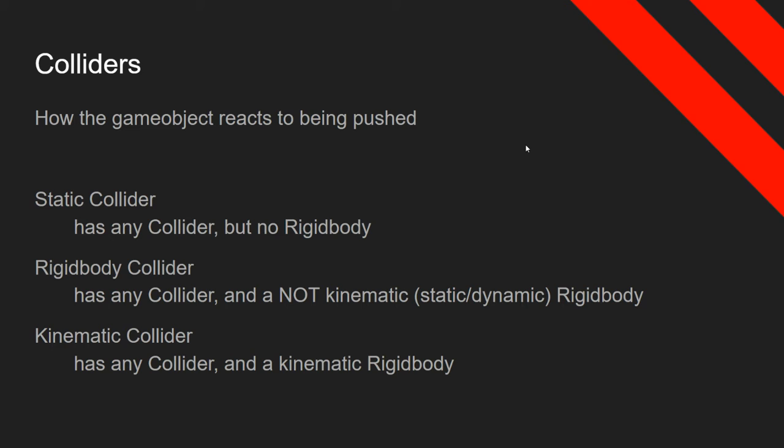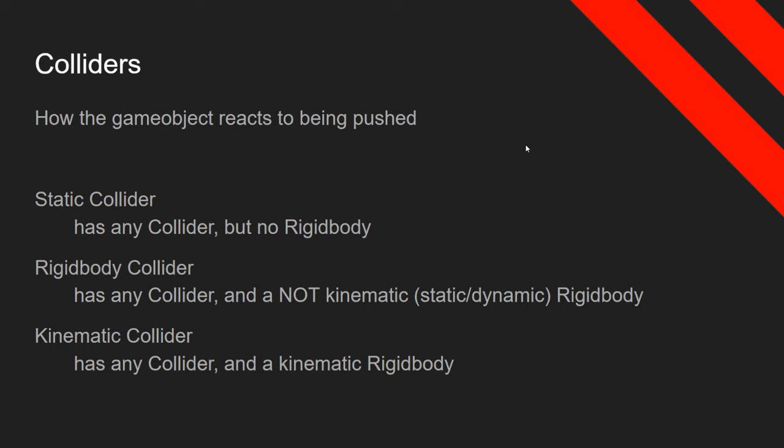There are three types of colliders, and this is different than when you add component collider. The component colliders are different based upon what types of shape they are. But in terms of physics colliders, it's going to be the combination of having a collider plus having a type of rigid body. So a static collider has a collider, like it has a hitbox, but it doesn't have a rigid body.